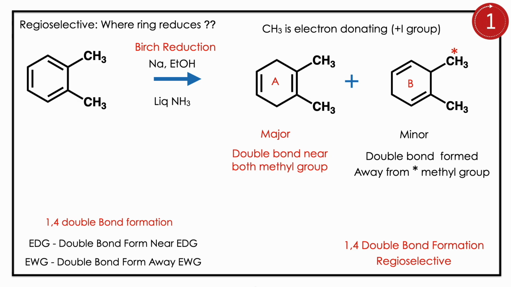So there are two possibilities, A and B. A is the major product because the anion forms away, and reduction happens away from the electron donating methyl group. In Birch reduction, the double bond forms near the alkene, which is the fundamental mechanistic pathway. So the concept we outlined here is that regioselectivity in Birch reduction occurs through the stability of the anion.